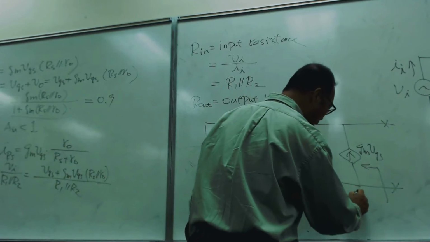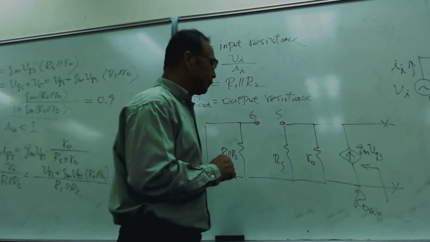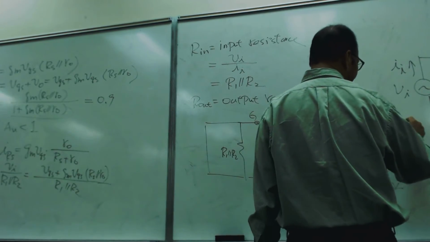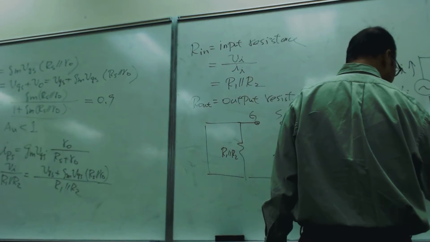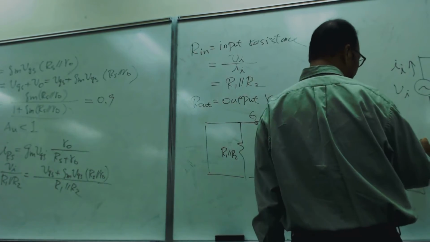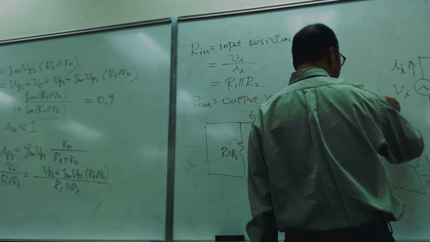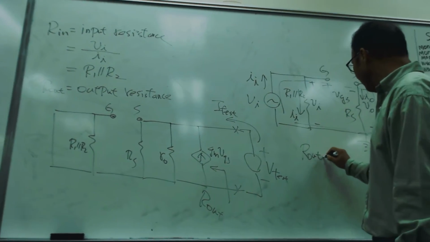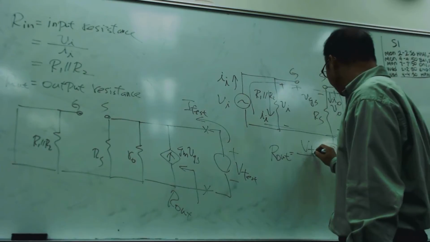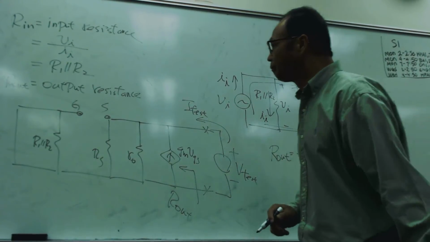So this is called R out. To do that, the best way is to put a test voltage, V test, and then the test voltage will generate I test. So therefore, R out will be V test over I test.